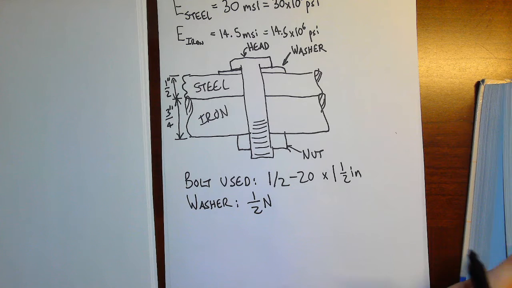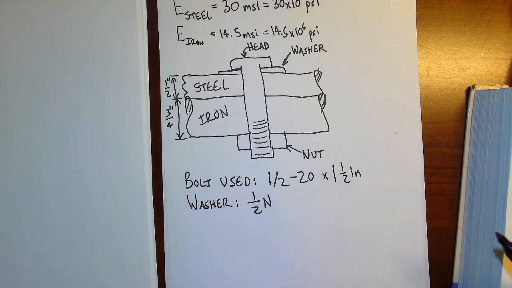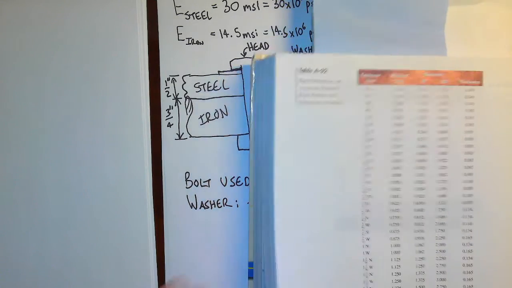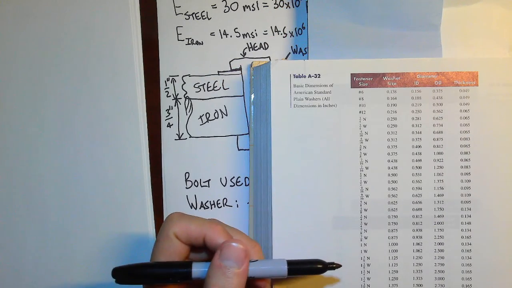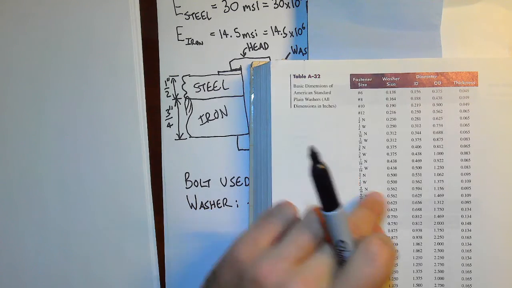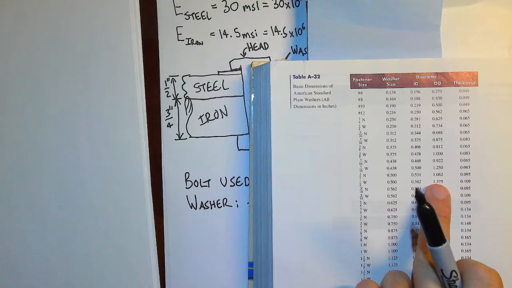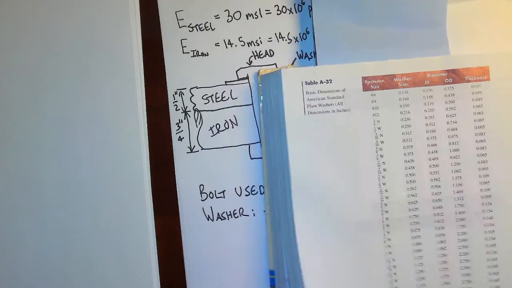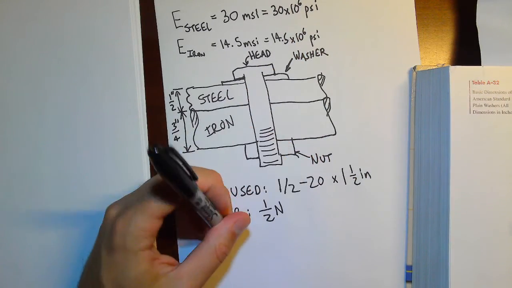We can flip to the back of the book. We're in table A31. A31 gets us the nuts. A32 gets us the washer. Look back over in here, have my table of fastener sizes and washers. So go down to 1/2 N, the 1/2 inch washer with a 1.062 inch OD.